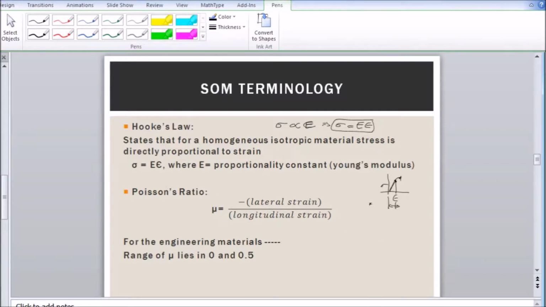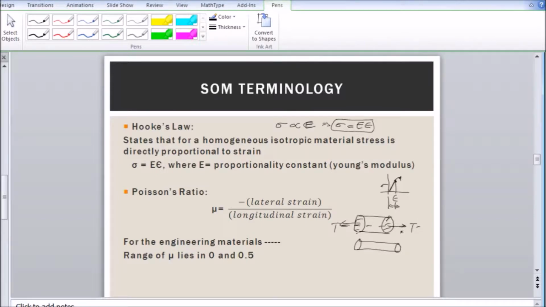We have earlier discussed in the stress strain diagram of mild steel that when a body is subjected to a load in one direction, say the longitudinal direction, then stresses are generated, and accordingly strain is generated because the length changes.